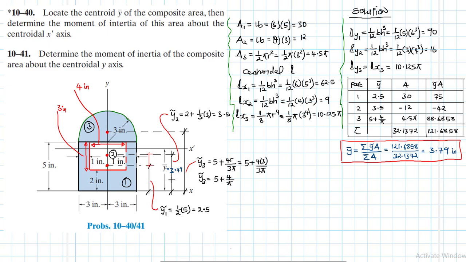Okay, this is the one we are looking for. Sorry, we are looking for that distance there. And then there we are looking for this distance here. And then there we are looking for this distance here.